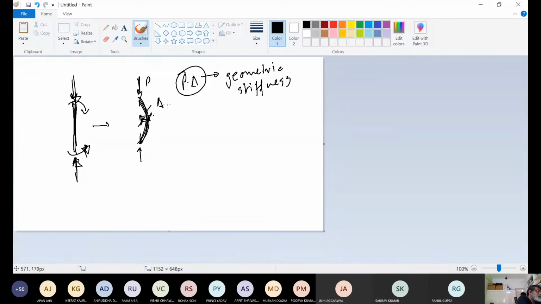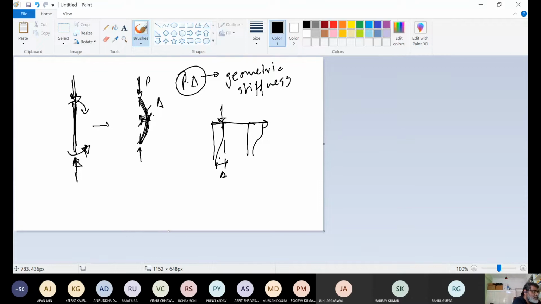Now, ये जो displacement हो रहा है आपका, this displacement can happen because of flexure, or it can also happen because of a sway. So if this building sways like this, and then you have got some force there, now this force multiplied by this delta will also generate some kind of virtual work system.